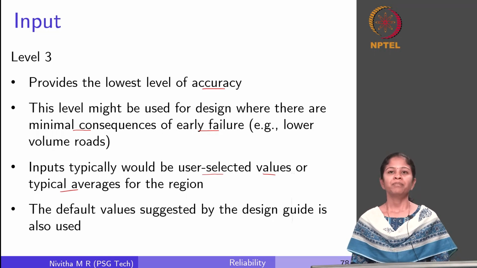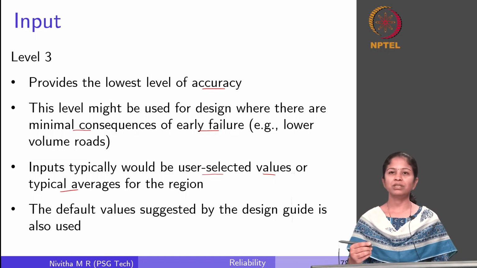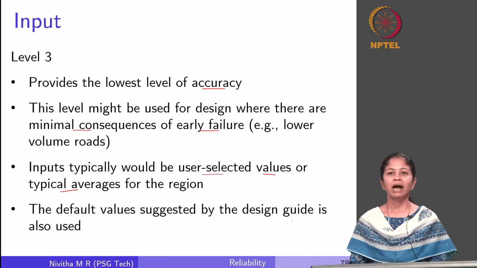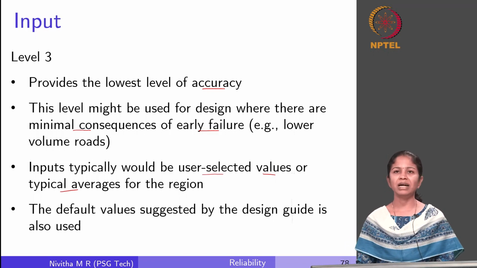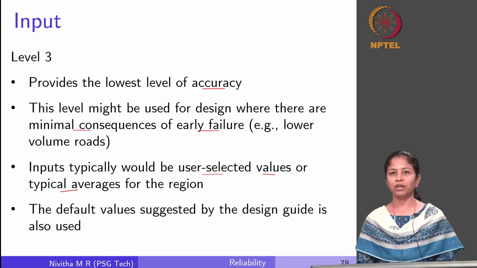Even for traffic, I can select default traffic data available for certain highways, whichever represents more closely the highway under design, choose the default values and go ahead with the design, right. So, this is a very easy process wherein there is very little or almost negligible data collection involved, but the level of accuracy is also relatively low. The default value suggested by the design guide can be used in most cases, right.